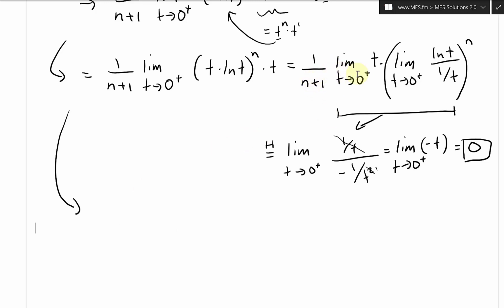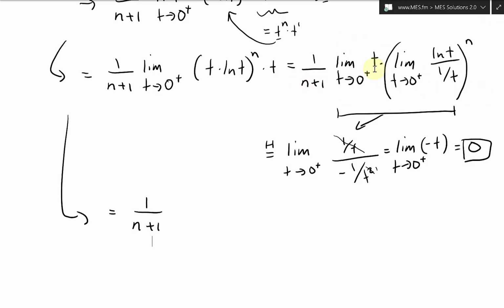We already have the limit as t approaches 0 of this one. So this whole thing becomes 1 over n plus 1 times this, which goes to 0. 0 times this right here is 0, and 0 to the power of n is all just 0. So everything is just 0.